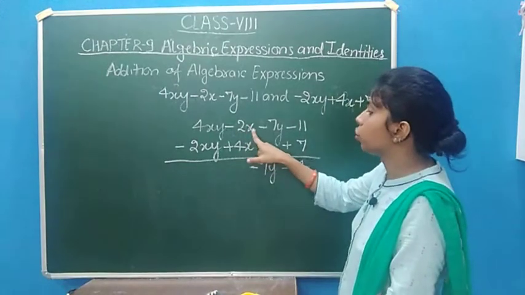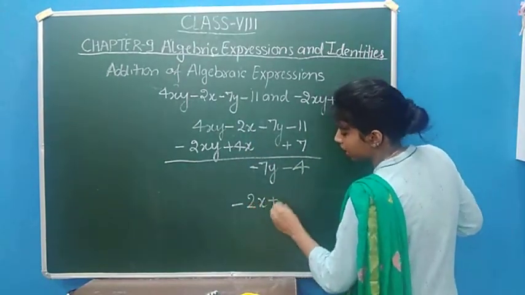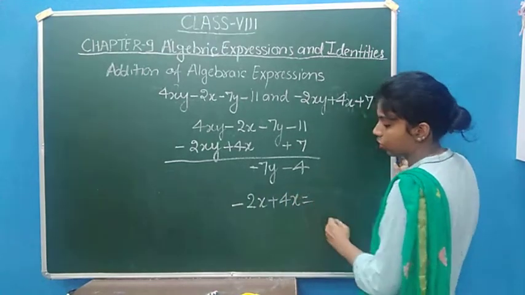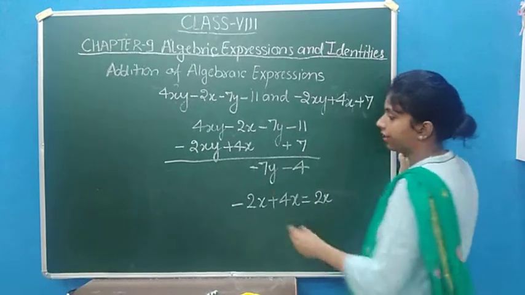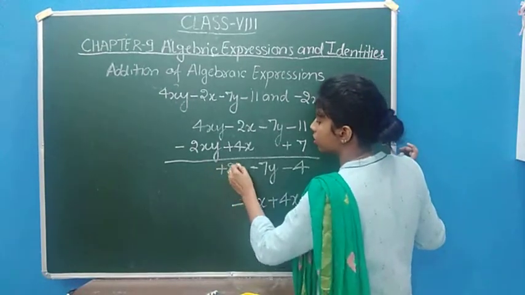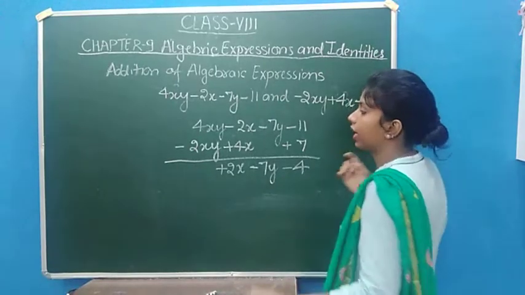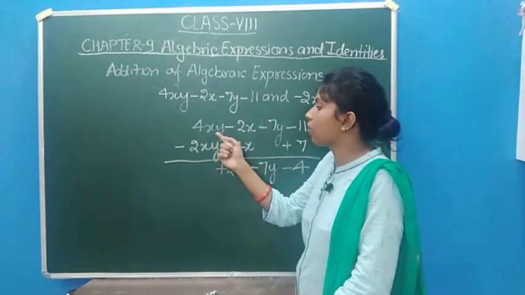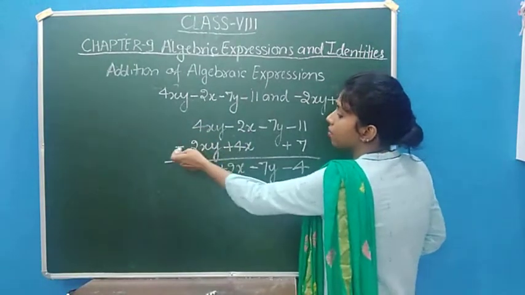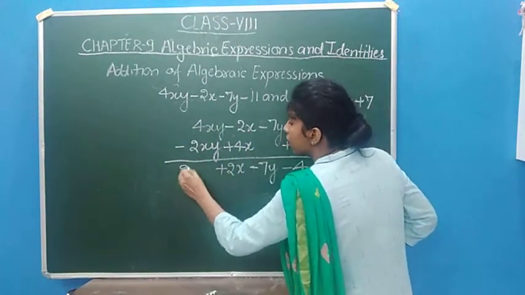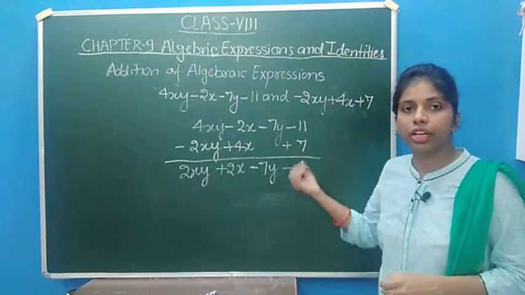Now minus 2x plus 4x, of course we get plus 2x. And at last 4xy minus 2xy, we get plus 2xy. So this is our solution after addition.